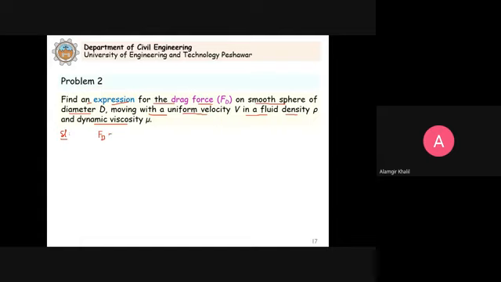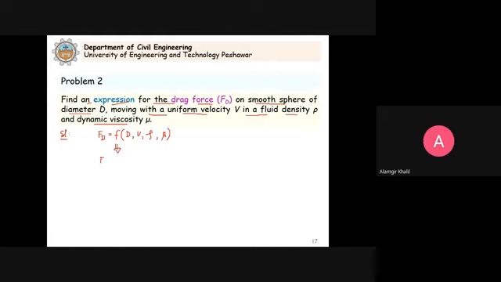variables here. So Fd, the drag force, is a function of the diameter d, velocity v, density rho, and dynamic viscosity mu. Then this has to be written as a power equation.